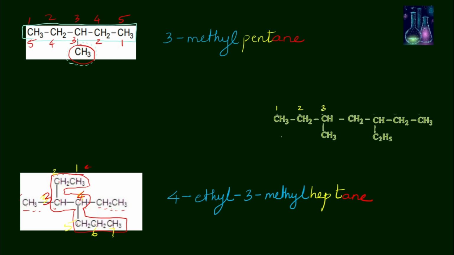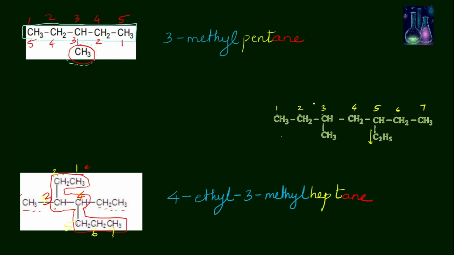2, 3, 4, 5, 6, 7. So this is your longest carbon chain, and there are 7 carbons. I can have 1, 2, 3, 4, 5, 6, 7. I can go in this direction as well, but it is going to give me the same 7 carbons, so I will prefer this one.